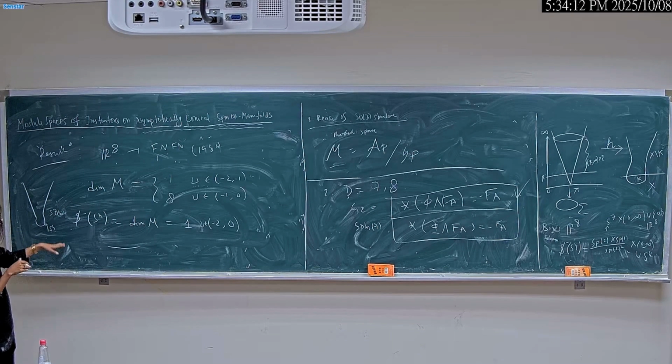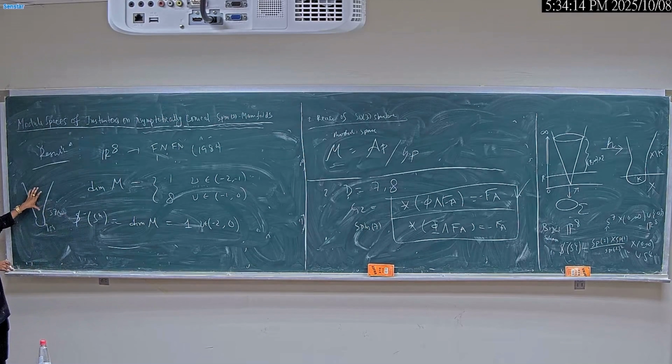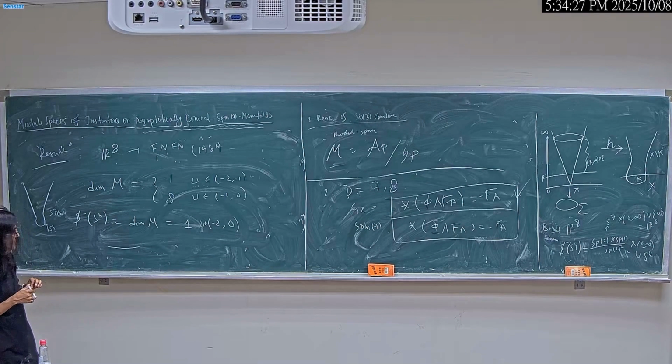So basically, when we calculate this, we calculate it on the cone, and then using some analysis, we show that it will extend to this S4 part by looking at the curvature and the convergence of curvature and things like that.